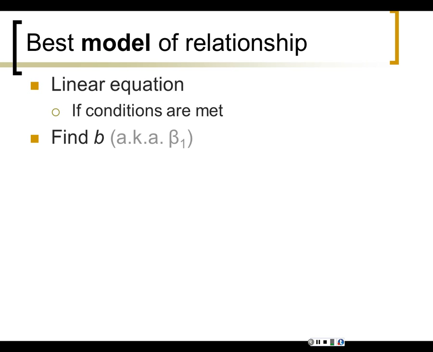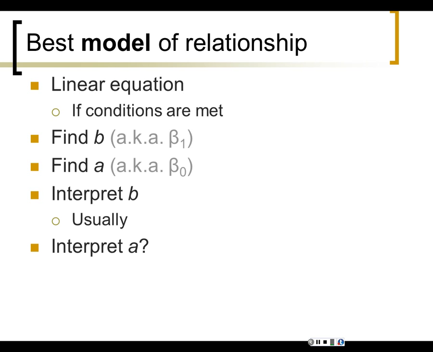If the conditions are met, we create that linear equation or a line on a graph, and that's our model of our relationship. It's a simplified way of understanding our relationship. We find B for that, we find A for that, we interpret B and say for every 1 unit increase in whatever, we expect blah blah blah change in whatever. Every once in a while we interpret A, but that's kind of rare, only if there's a good reason.